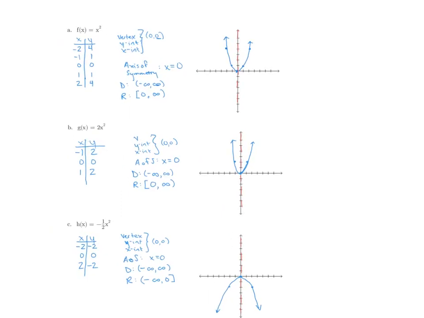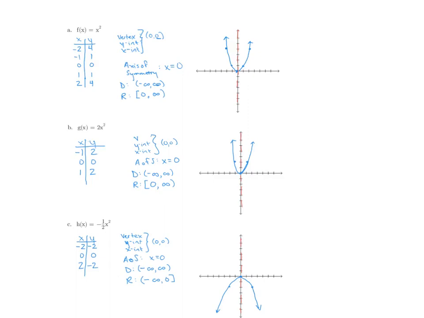All right, if we look at these example B and C and compare it to our basic graph, notice that not only does A determine whether it's going to be up or down, but it also determines whether it's going to be a fat or skinny parabola.